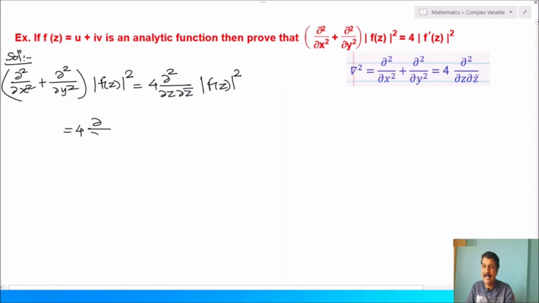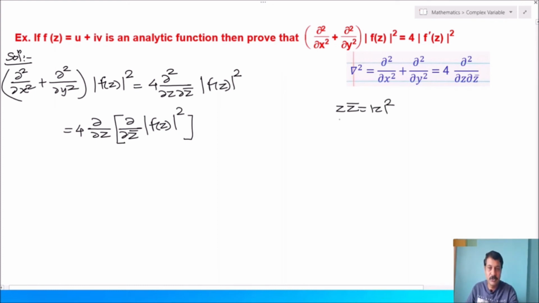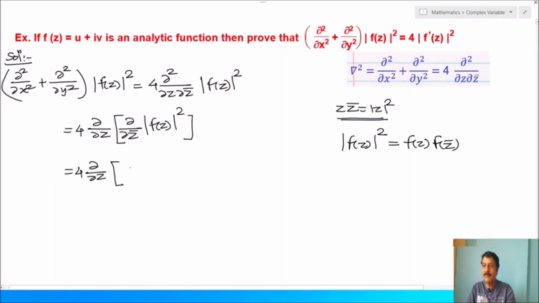Can I write it is del by del z of del by del z bar of this mod of f of z whole square. Note that z into z bar, that is equal to mod of z square. So you should know this relation also, and that is why mod of f of z whole square is equal to f of z into f of z bar. So same thing I can write as 4 times del by del z of del by del z bar of f of z and f of z bar.